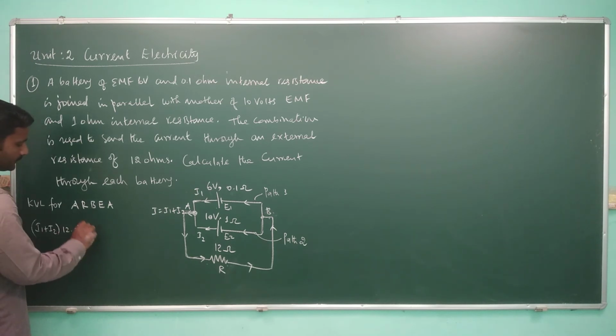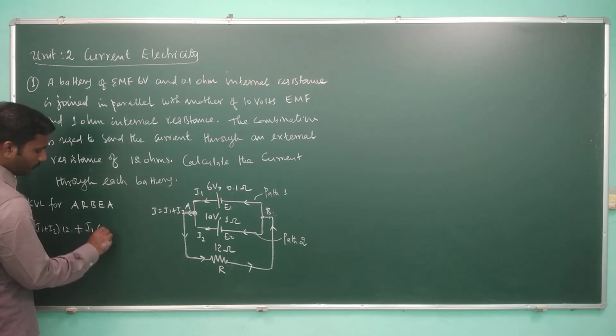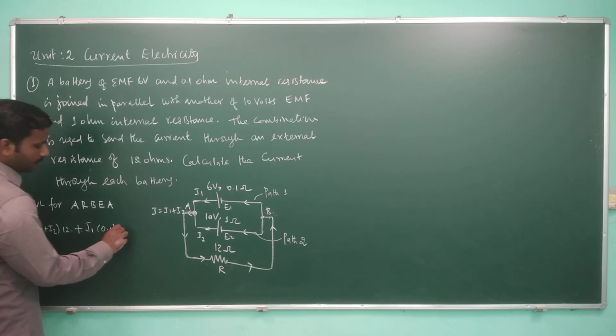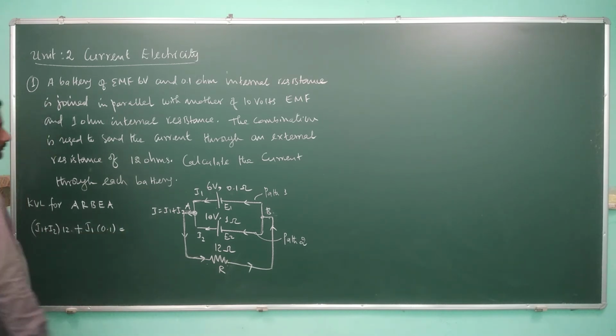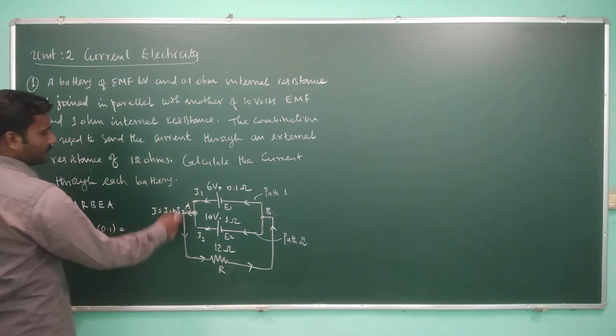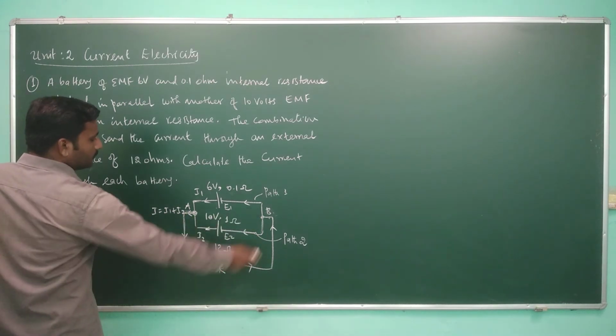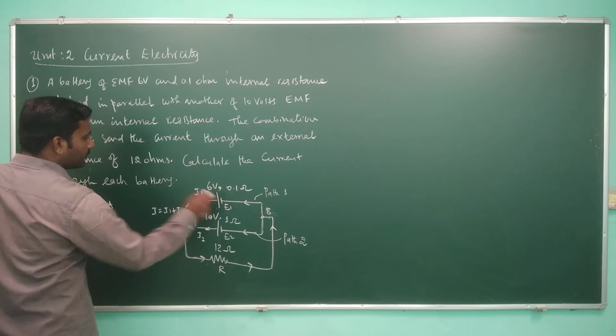Here the current is I1, the resistance is 0.1, which is equal to the voltage through this way, 6 volt.